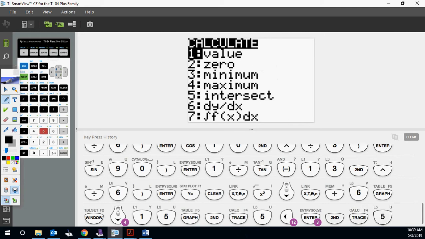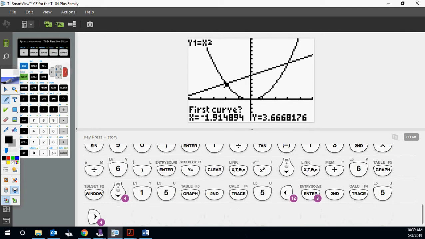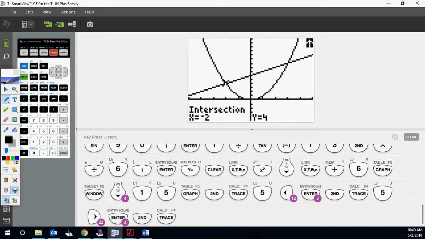Now find the second one. Second trace, number 5. We move over again, go to the other side of the parabola, the upswing, and hit enter. It jumps up, enter, enter. Oh, it went back to the other one, sorry. I have to go closer. Let's get over there farther.